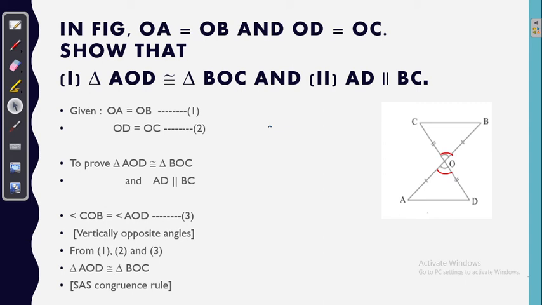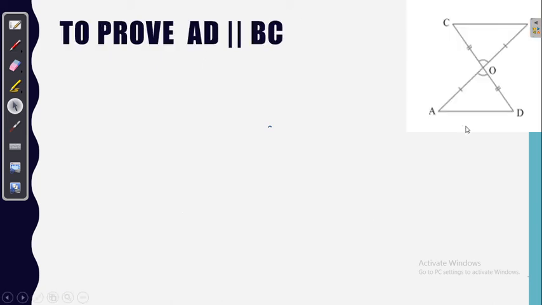Yes, ma'am. Now we need to prove the second part, that is AD is parallel to BC. We need to prove that these two are parallel. Now how can we prove that? Anyone having any idea? We have proved that triangle AOD is congruent.